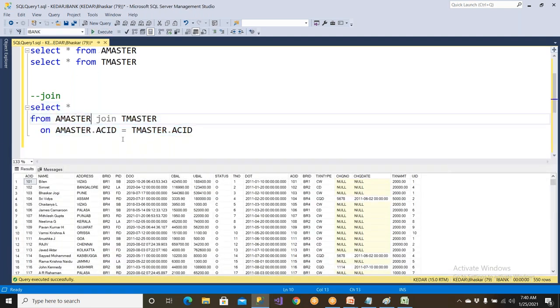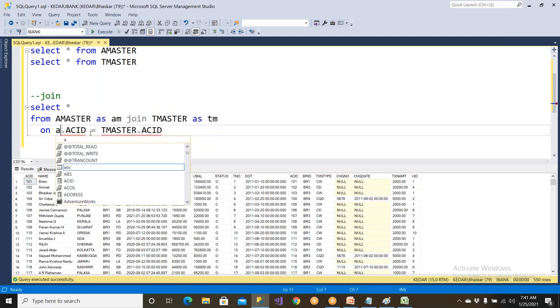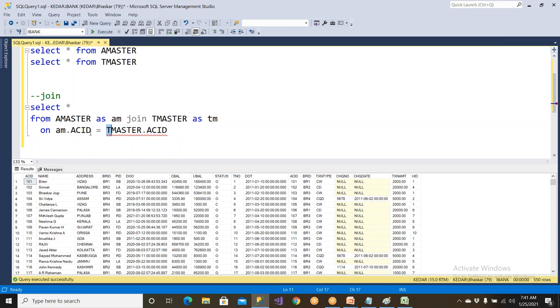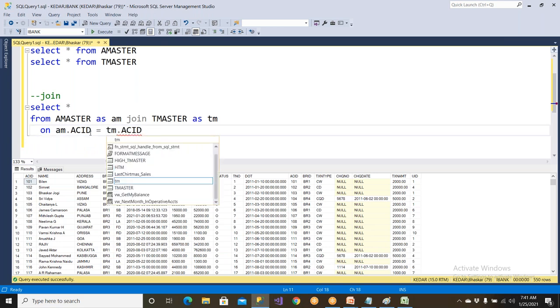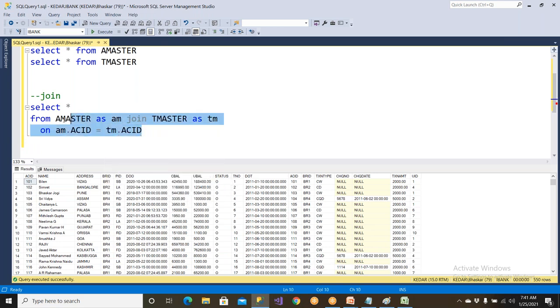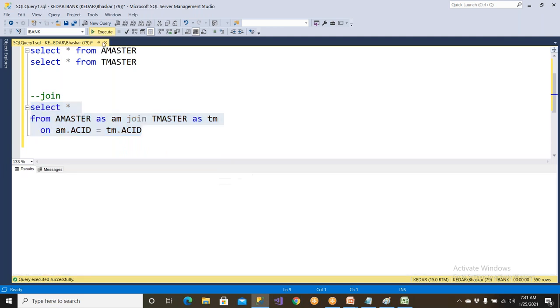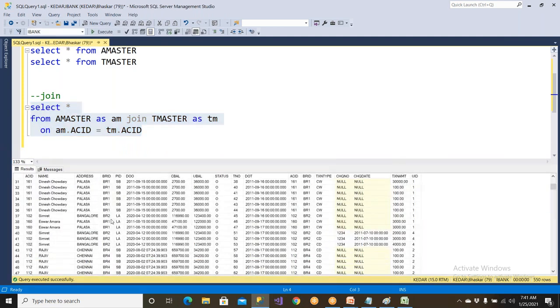Clear? They also said we can use aliases, as am and as tm, for transaction master. Instead of writing bigger table names, you can say am and tm. You will not see any difference in the query's output.